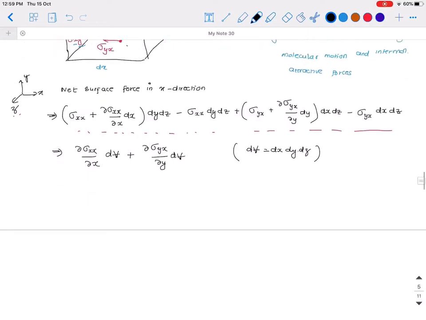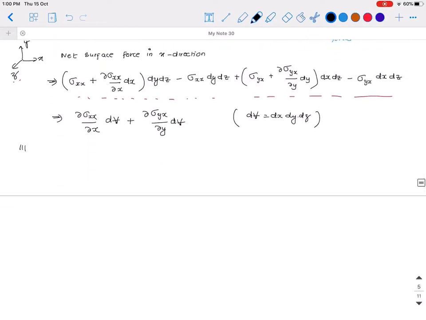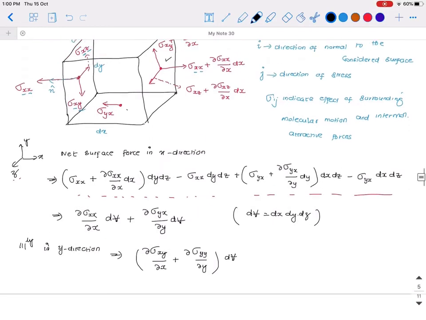This is in the x direction. Similarly in the y direction we get dou sigma xy by dou x plus dou sigma yy by dou y times the volume of the element.